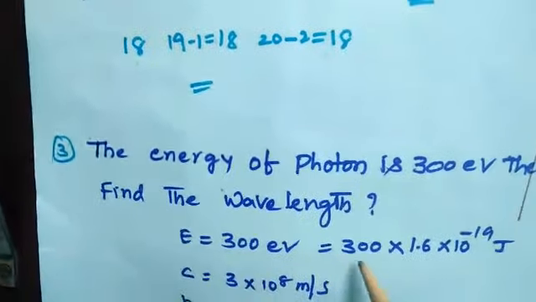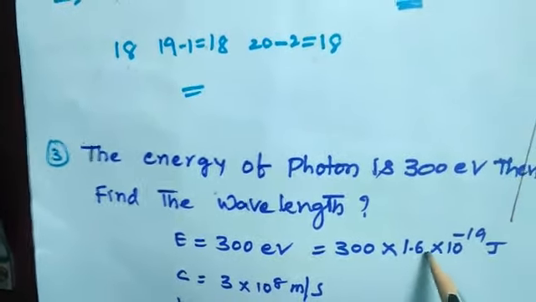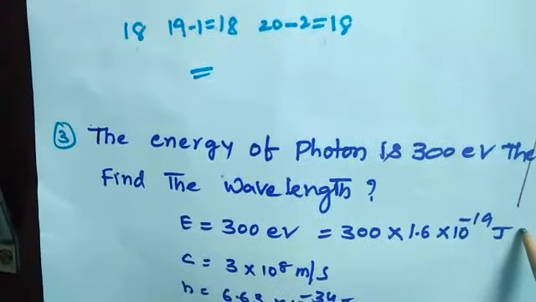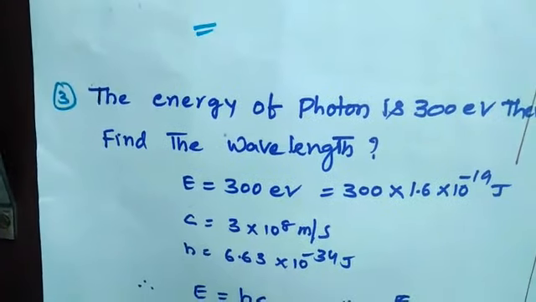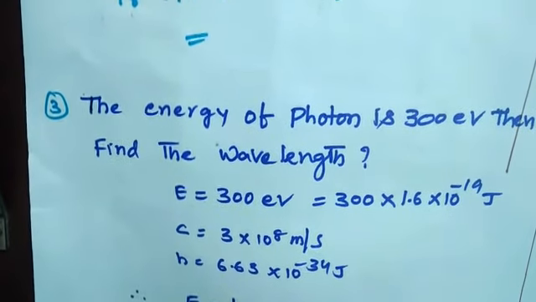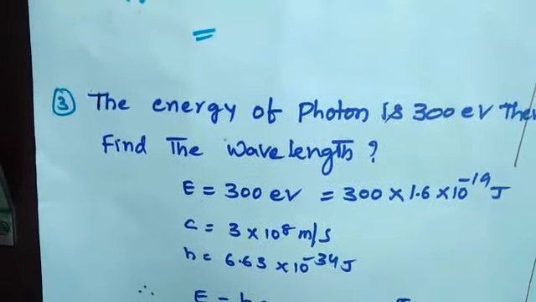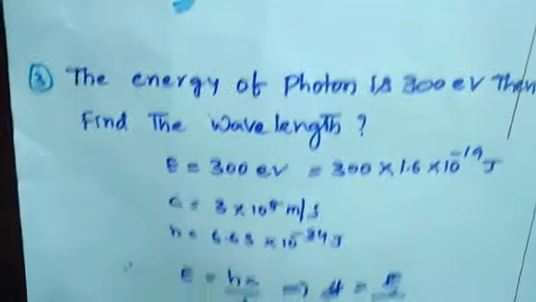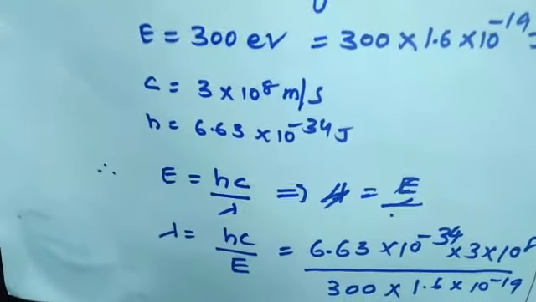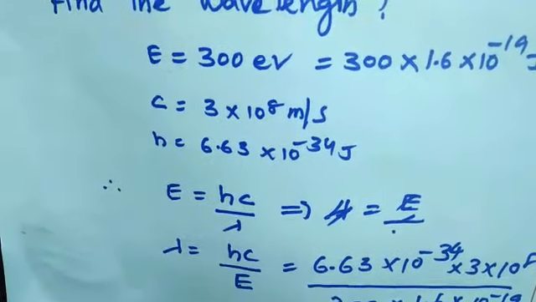So 300 electron volts means 300 into 1.6 into 10 power minus 19 joules. Already we have the value of velocity, c is equal to 3 into 10 power 8 meter per second, and h is Planck's constant. The value of Planck's constant is 6.63 into 10 power minus 34 joule-seconds.